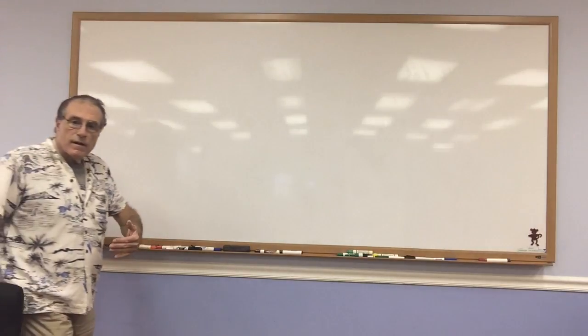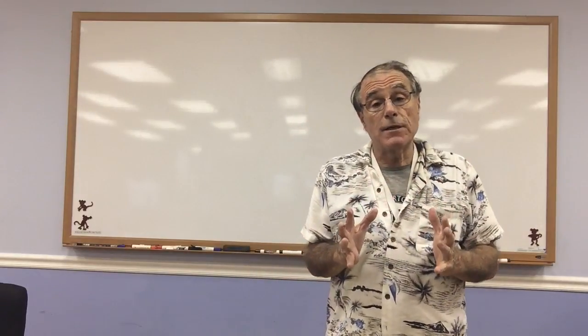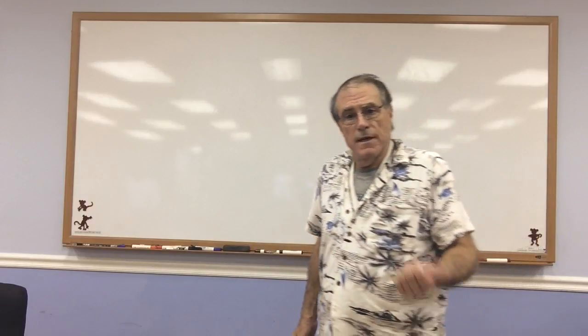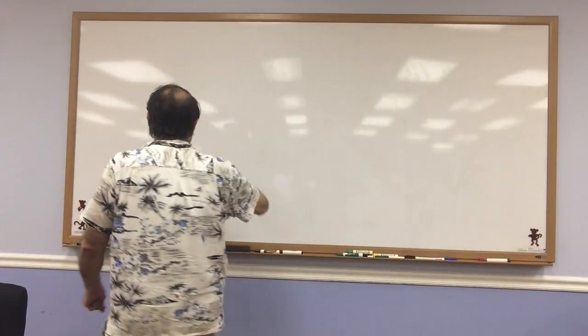In this video, I would like to show you how we solve, graph, and write in interval notation absolute value inequalities. So I want to take you through two problems. Let's take this as our first example.